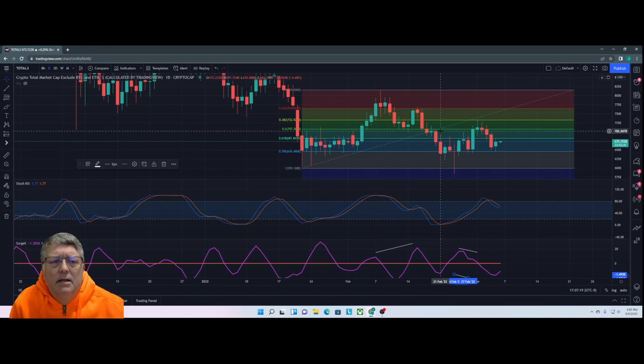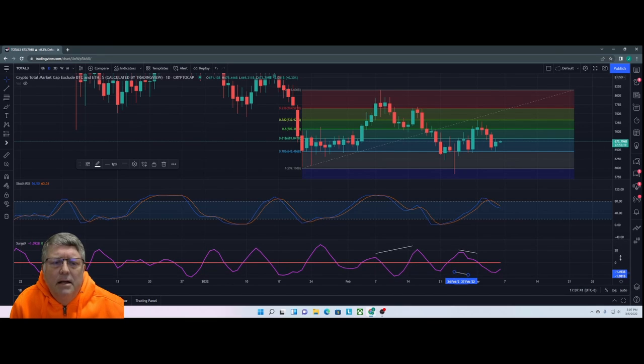I unfortunately got in too early, and I didn't get stopped out because I knew I didn't need a stopper with this profile. I waited for my next sell signal. It came right here, and I sold right here and saved my account. So that's how I trade this system.